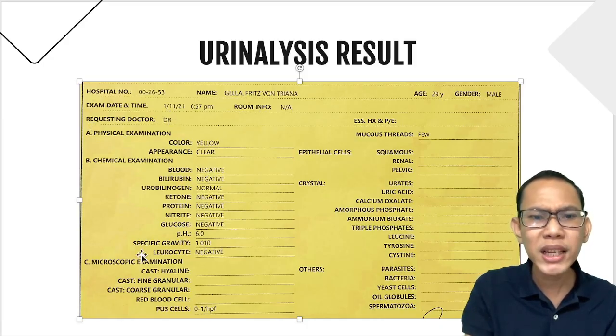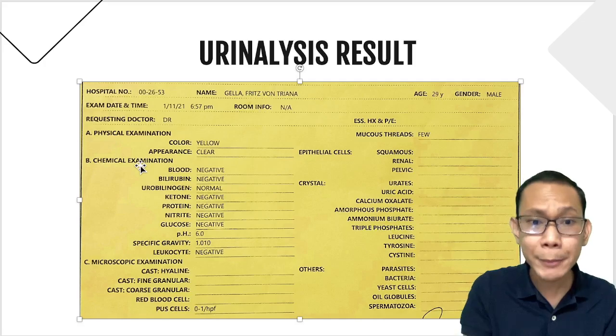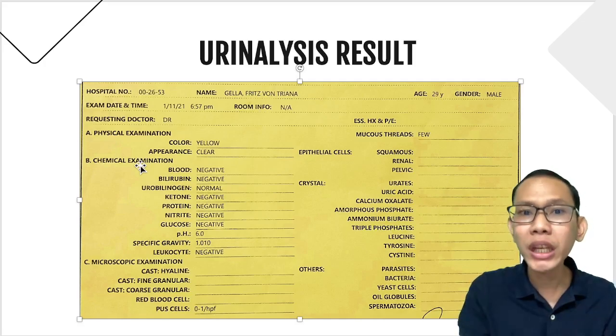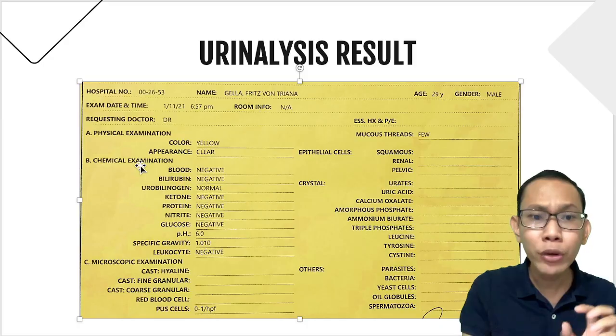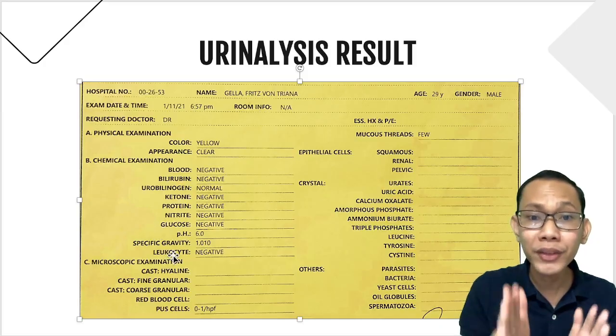Doc Fon, so bakit siya nasali sa ating chemical exam? One way of determining your chemical examination is through your reagent strips. Ito na yung pinaka-common na ginagawa sa laboratory. So, meron tayong reagent strips and all of these parameters, including your specific gravity, are already part of that reagent strips.